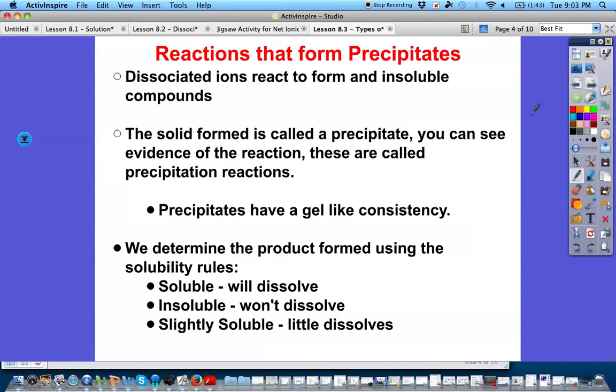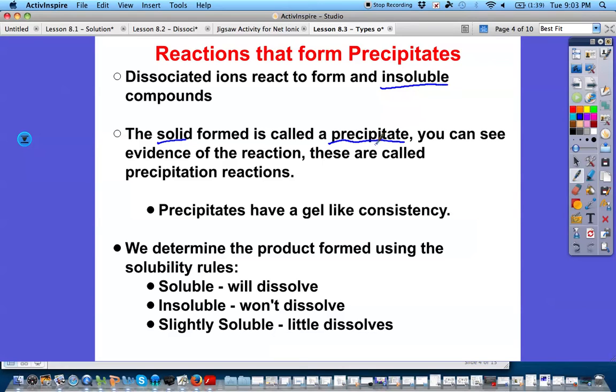So our first is reactions that form precipitates. The dissociated ions react to form an insoluble compound. That insoluble compound is the solid that is formed, and that is called a precipitate. So you can see evidence of this in the reaction.